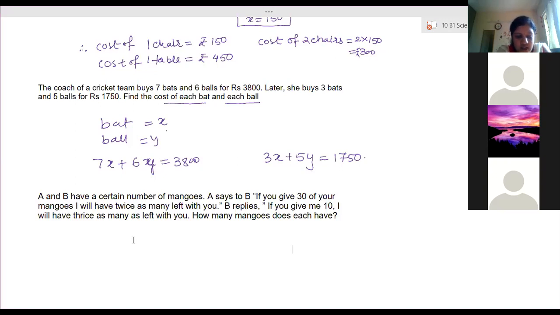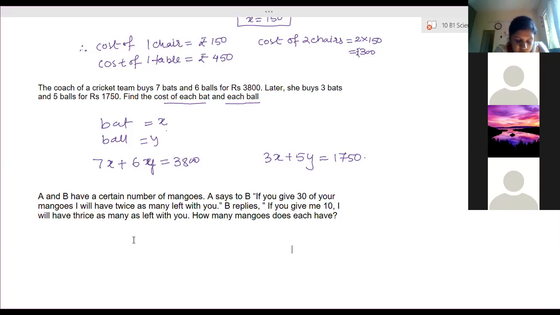Next question. A and B have a certain number of mangoes. A says to B, if you give 30 of your mangoes, I will have twice as many as are left with you. So when B is giving 30 mangoes to A, then A's number is twice the number B has.